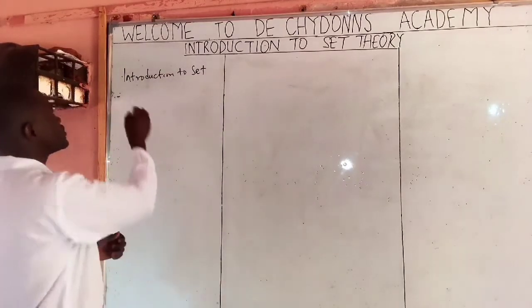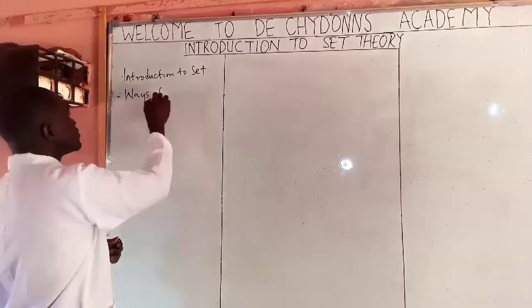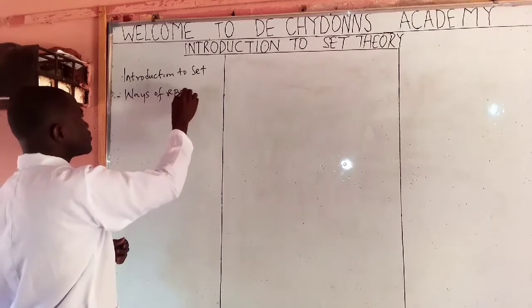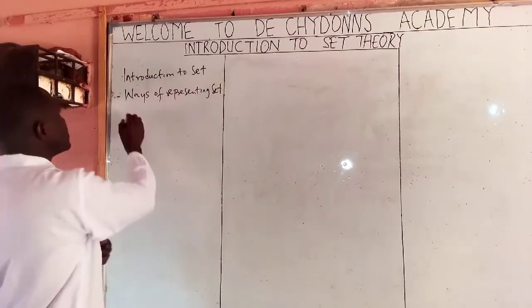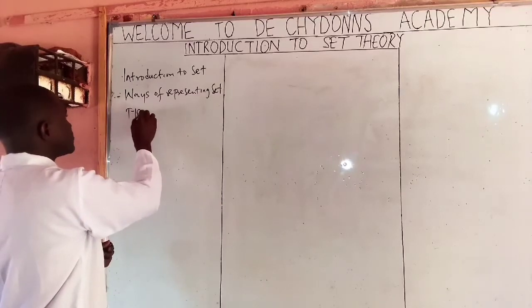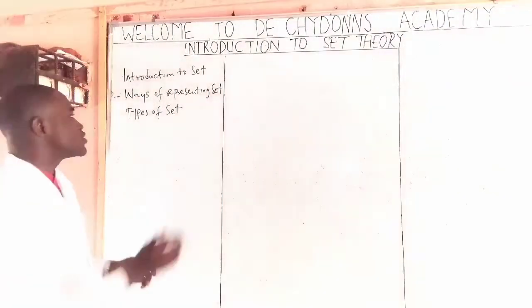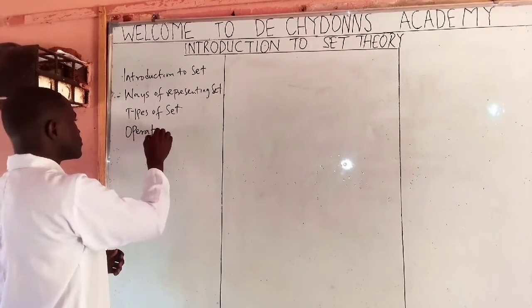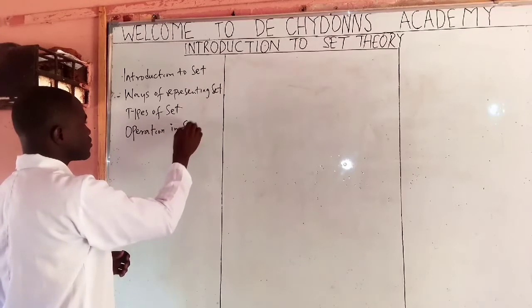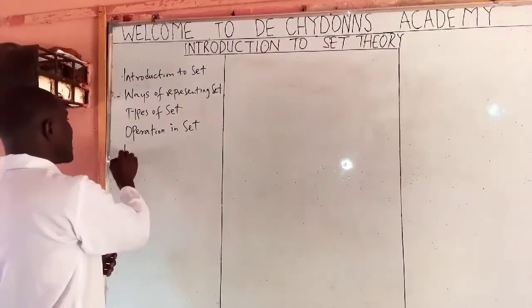Then we'll also discuss ways of representing sets, types of sets, operations on sets, and interpretation of Venn diagrams.